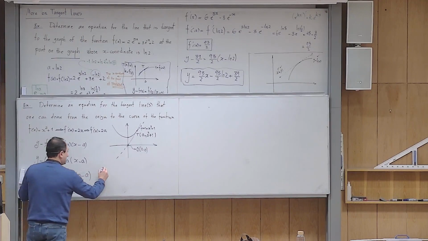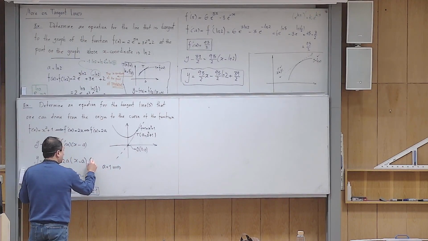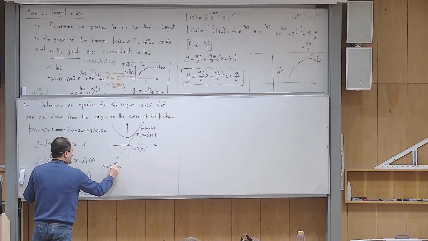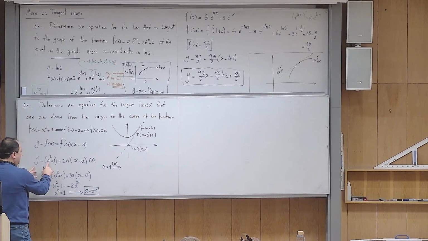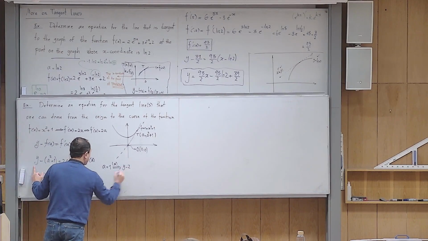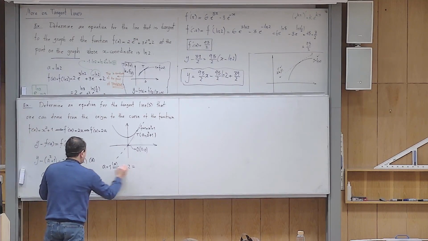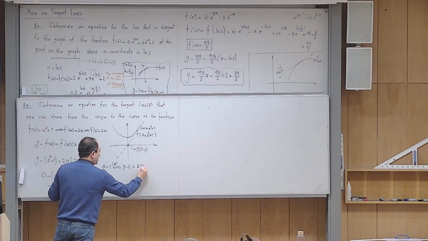So what happens if a is 1? Let me give a star here. From star, what I can conclude is that instead of a, I put 1. Let us do it in our head. So it becomes 1 to power 2 plus 1, it is 2. So it is y minus 2, and then it is equal to 2 times a, which is 1, so it is 2, and x minus 1.